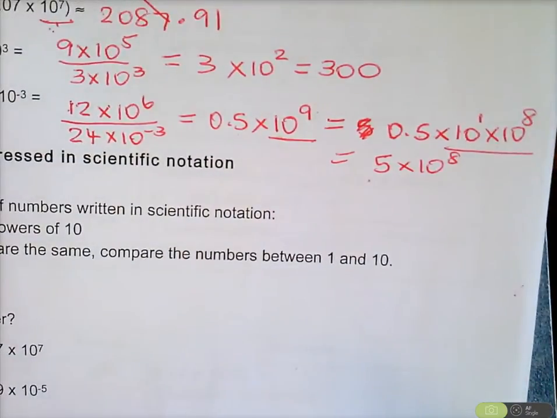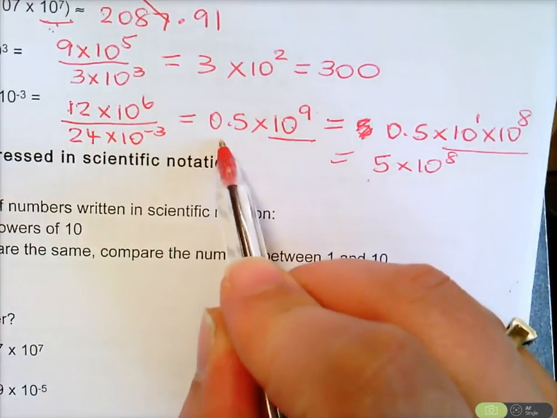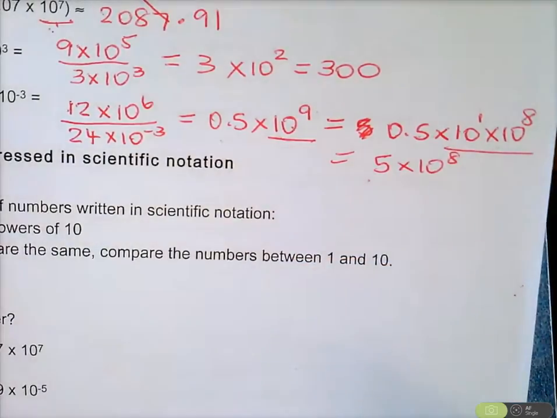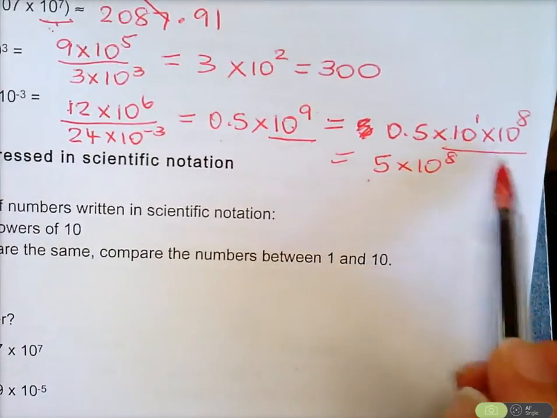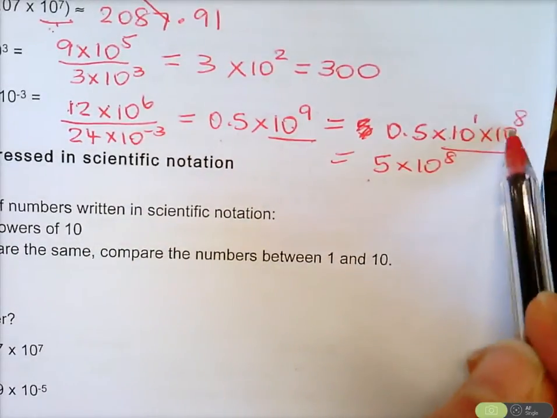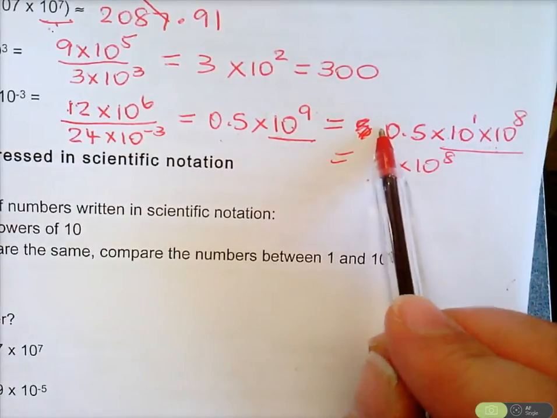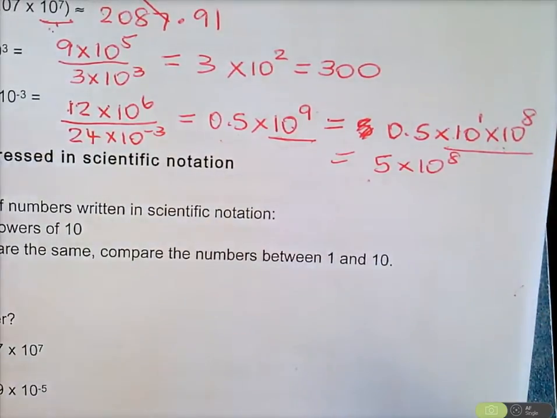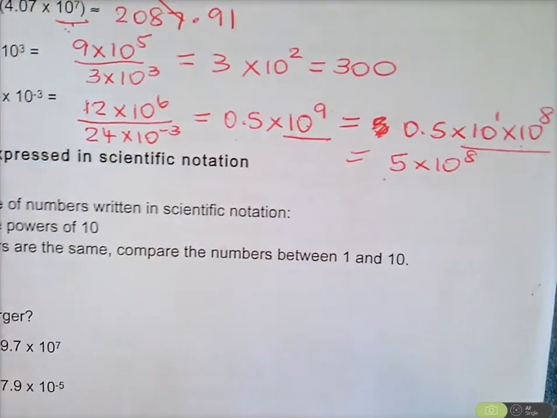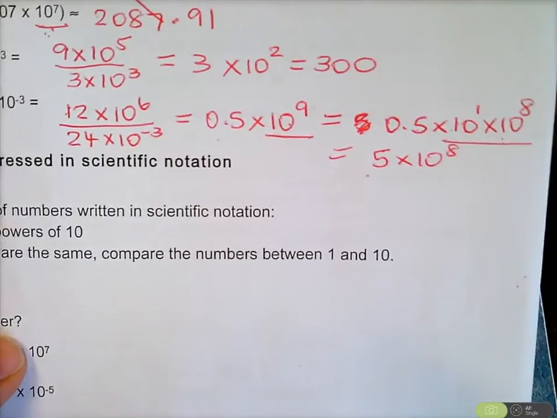So what I'm really doing is taking one of the 10s from here and timesing it by the 0.5, and I'm left with 10 to the power of 8. I can tell you to do it like that, but if you had to explain it, that's really what I'm doing. I'm taking one of the 10s from 10 to the power of 9 and leaving 10 to the power of 8 and timesing that 10 by this. So I'm just showing you how index laws work with this. You probably don't have to do it.